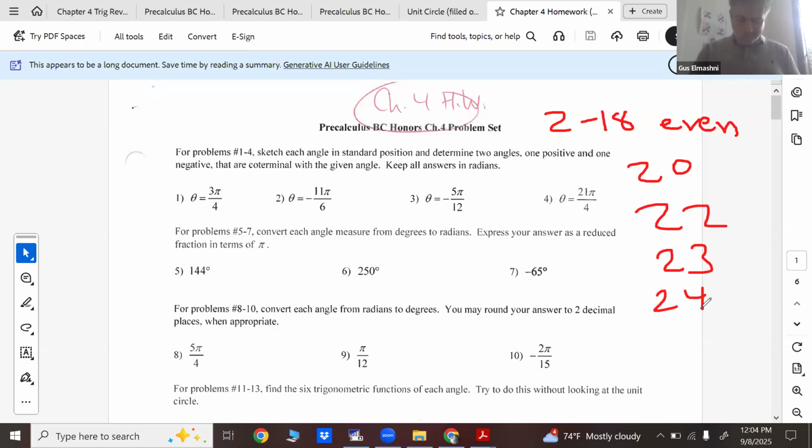Just trying to think here. 26, 29, 33, 34, and 38.